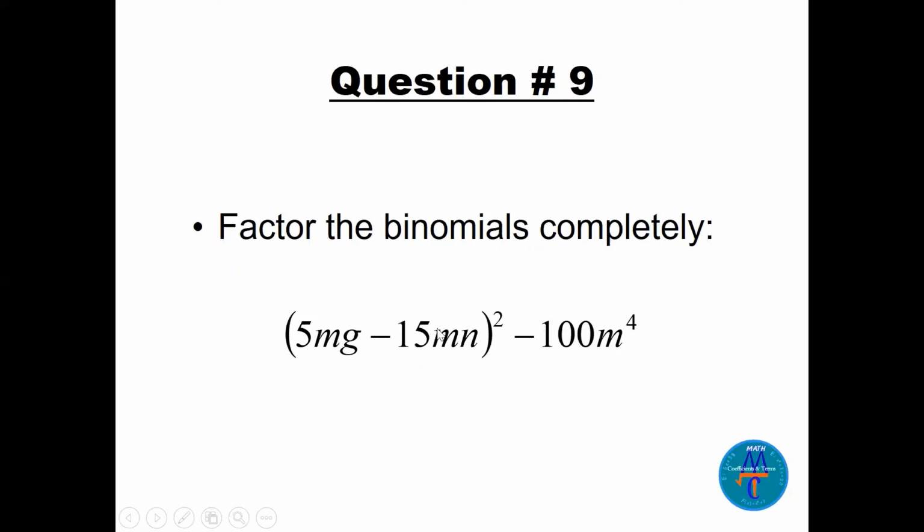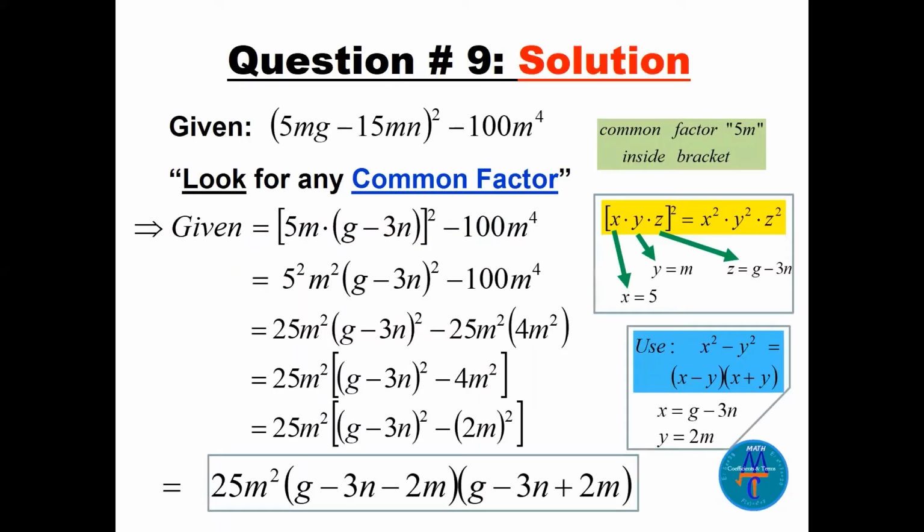This is the trick here. 5 is the common factor inside. You see 5 and there is m. g is not common, n is not common. So I cannot take out just 5 and m because we have squared. So when you take it out, you have to square it. That's the trick, if you have seen this idea.